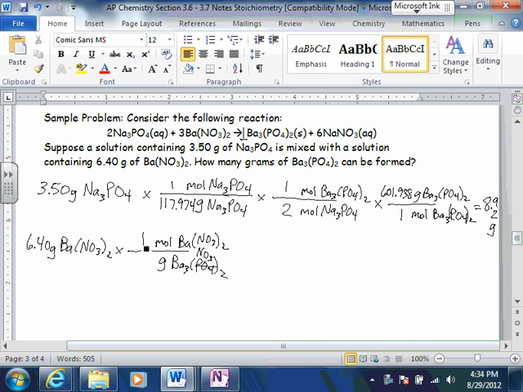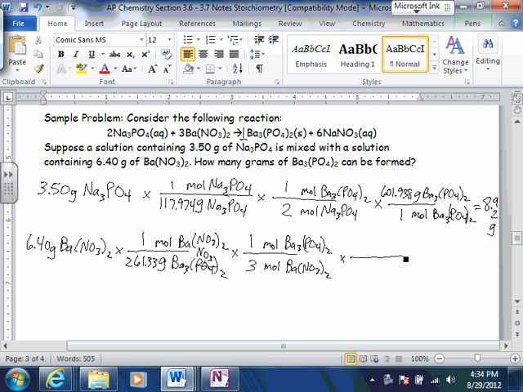taking some shortcuts here on my math, so hopefully you can forgive me for that. Your molar masses might not be exactly the same as what I'm getting. I'm rounding a little bit. Okay, times moles of Ba(NO3)2. And then again, we're trying to get to moles of Ba3(PO4)2. And again, in 1 mole of Ba3(PO4)2, there are 3 moles of Ba(NO3)2.